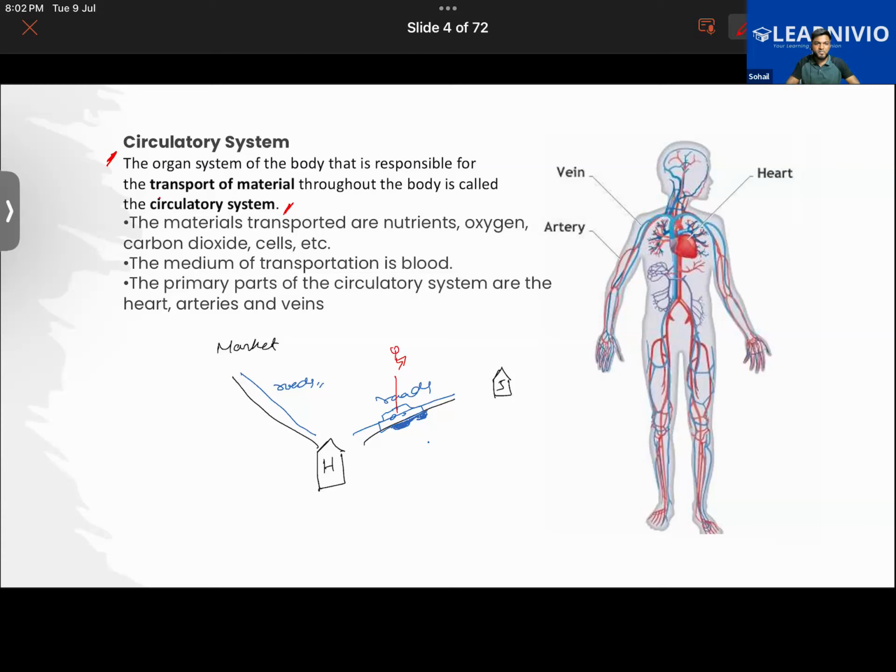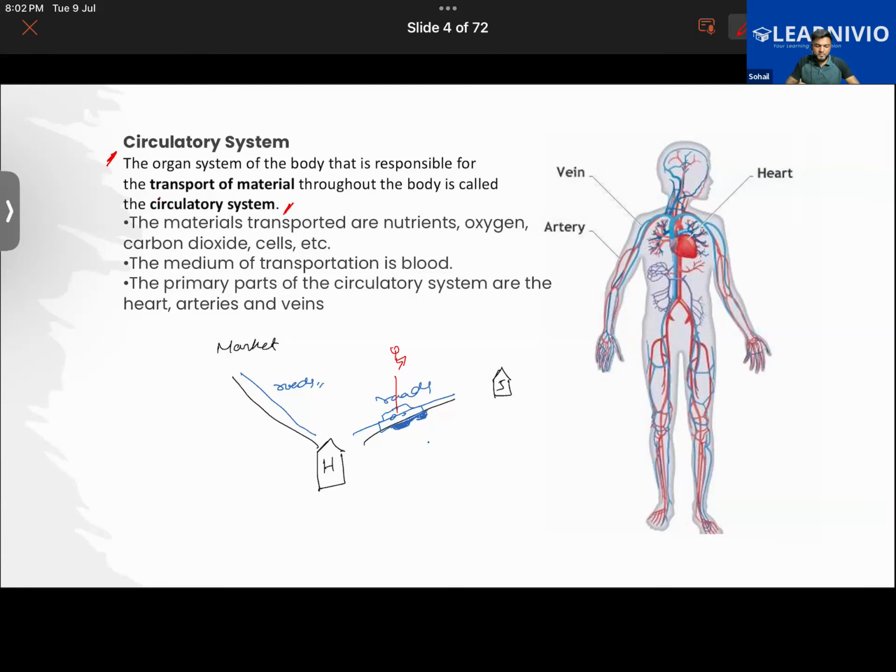Getting it now? Generally we count blood vessels, heart, and in general we can say blood as well. So the main parts of the human circulatory system are the different types of blood vessels, the heart, and blood also can be counted in this.